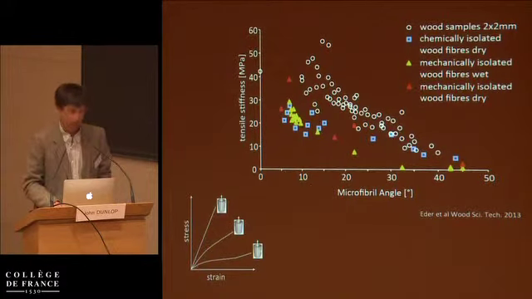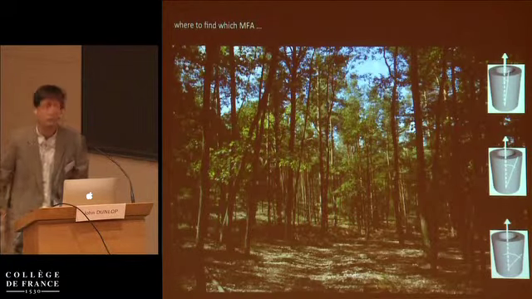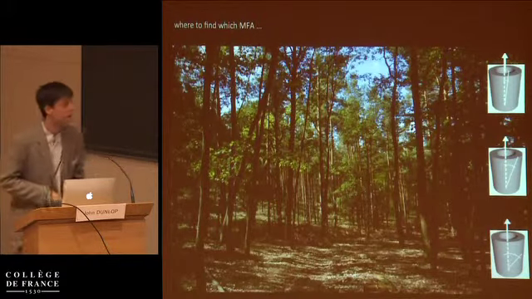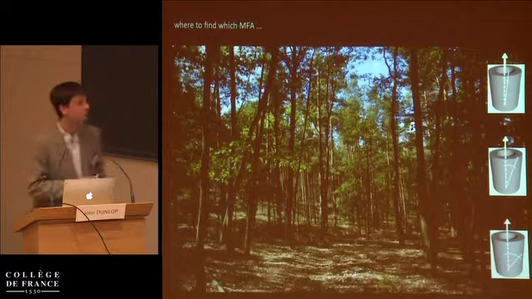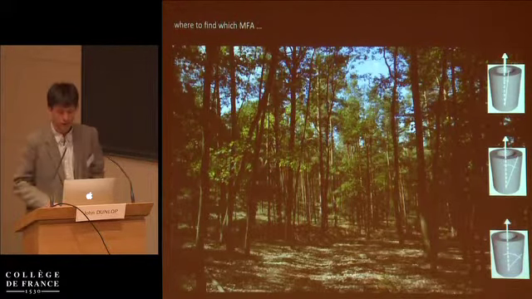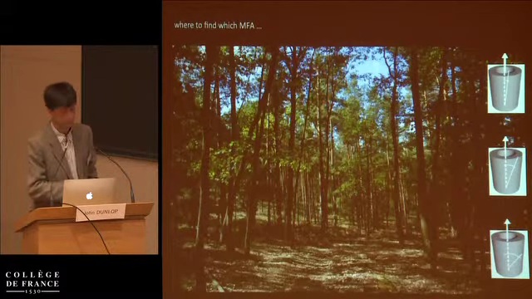So whereabouts can we find these different microfibril angles? So let's go for a walk in the woods in Potsdam. For those of you that were here earlier on in the year, we're going to go for a walk again in the woods of Potsdam. And we're going to have a look around and see whereabouts we can find examples of these different microfibril angles.